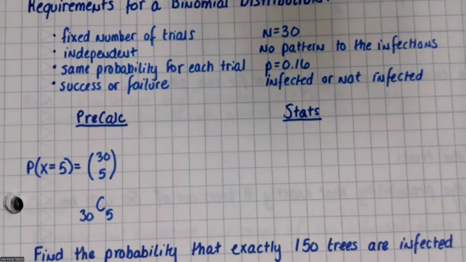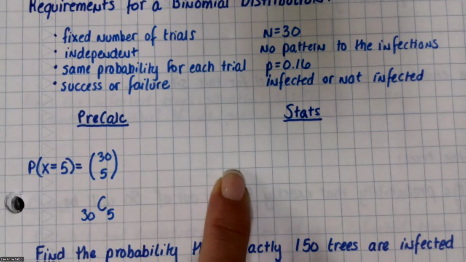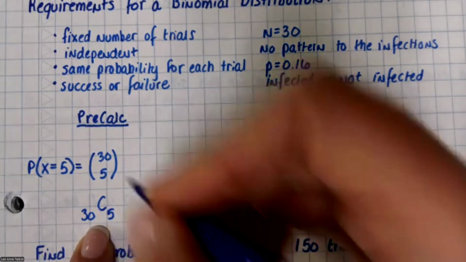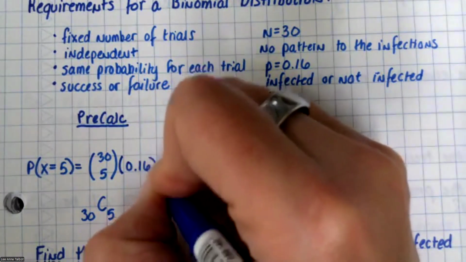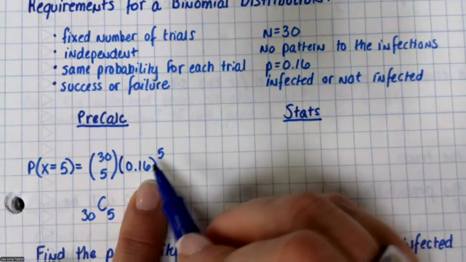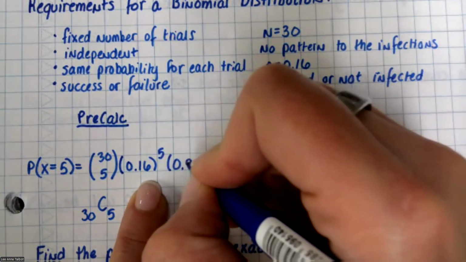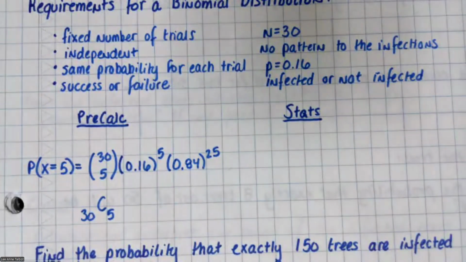Now we have to talk about what we would do to multiply down the branches. So there's this many branches, and 5 of them would be yeses, infected, and 25 of them would not be infected.